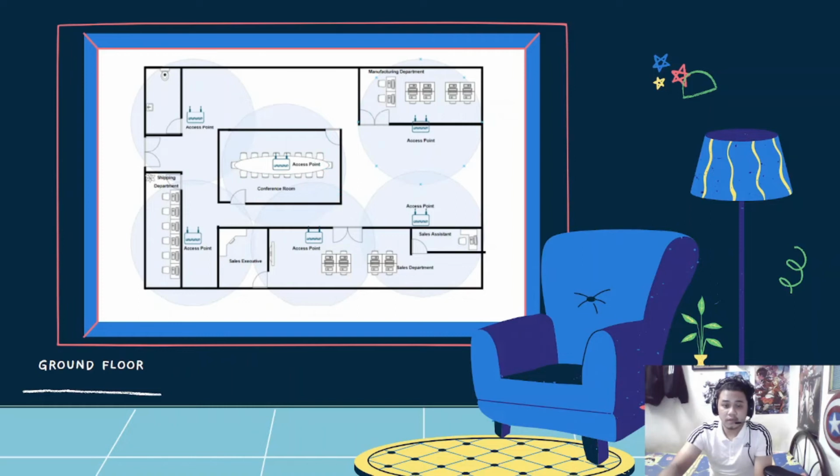Besides that, 6 access points have been used to cover the area on the ground floor: 4 access points in the hallway, one access point in the sales department and one in the conference room.